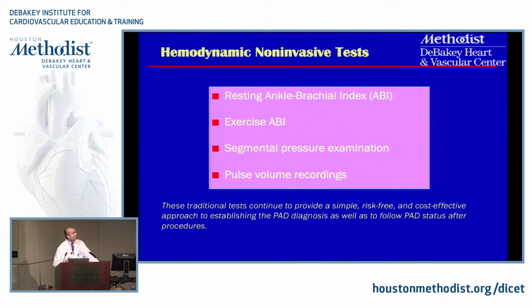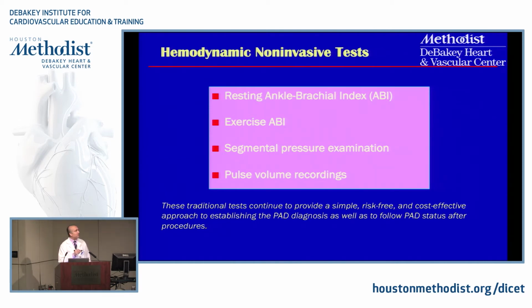There's other things that you can do as well, and it's important to keep in mind that the rest ABI is only giving you a measure of what's happening at rest. In some people, the rest ABI can certainly be useful for ruling out critical limb ischemia, but it may not be useful for ruling out claudication, or exercise-induced symptoms.